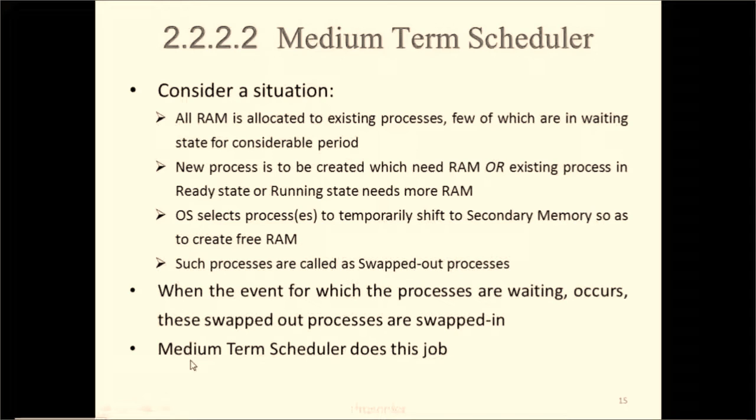Now what is happening is a new process is to be created. Obviously, whenever a new process is created, RAM should be allocated to it. But then there is no RAM. It has been consumed by all existing processes. Now the question is, the RAM has been allocated to a process, but it is not using it because the process is in waiting state.